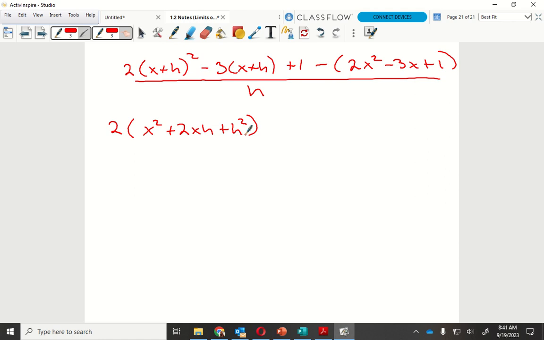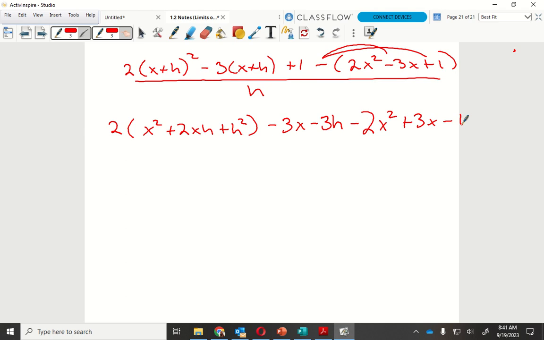I have to distribute a 2 in there eventually. Minus, I'm going to distribute this, 3x minus 3h. And then as I keep distributing, it's going to be minus 2x squared plus, because I'm distributing here, 3x, and then minus 1.